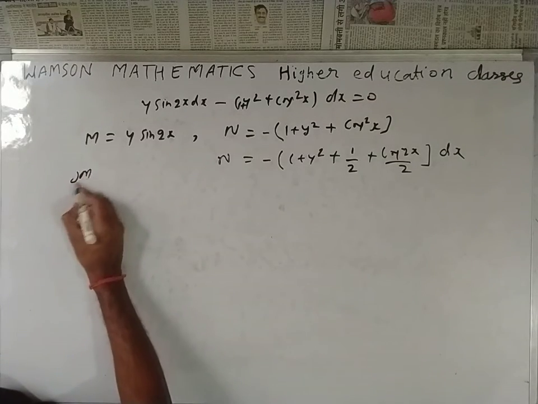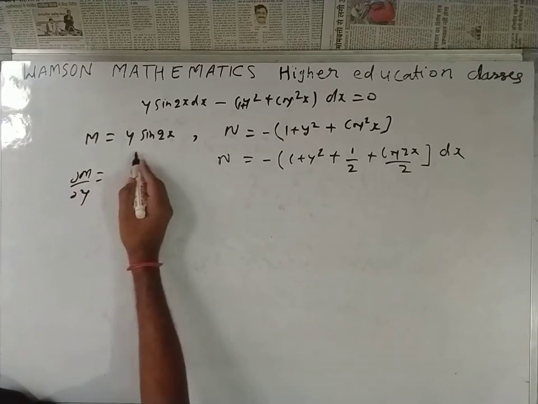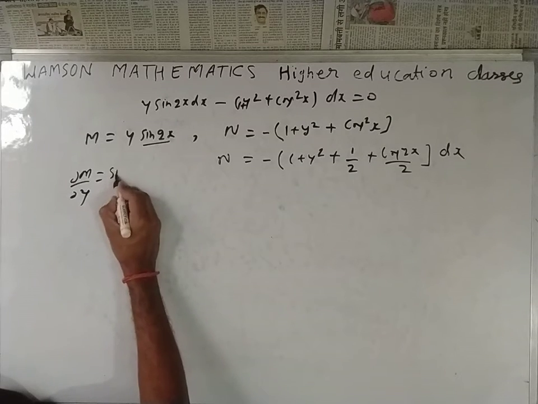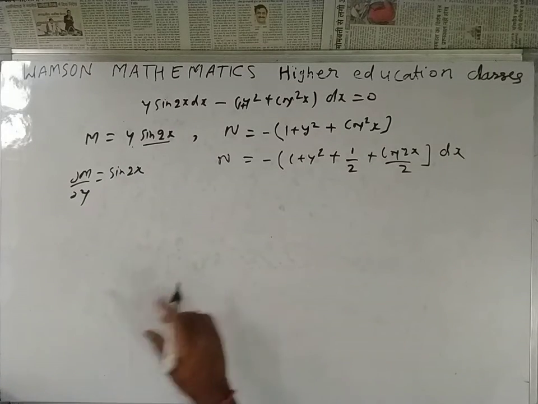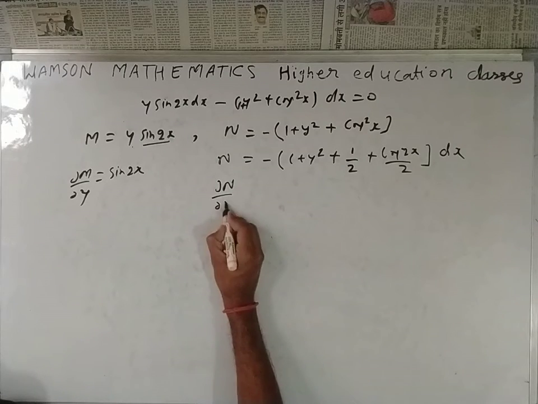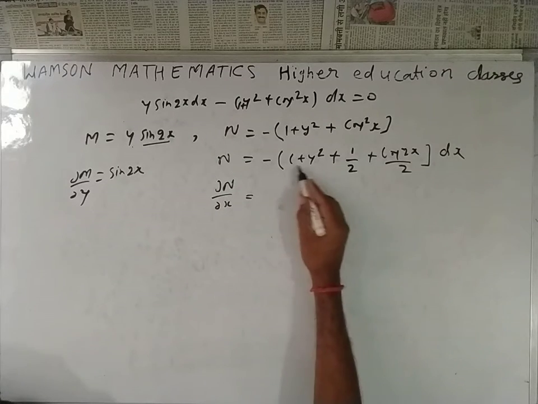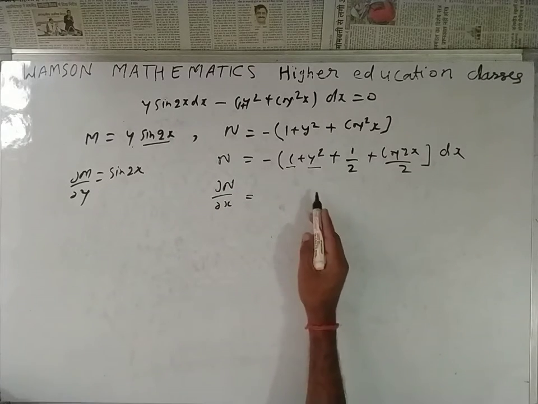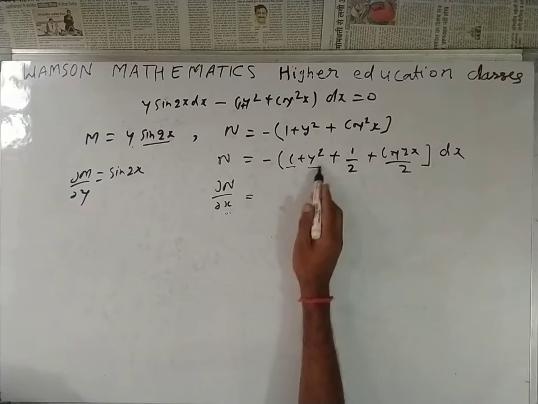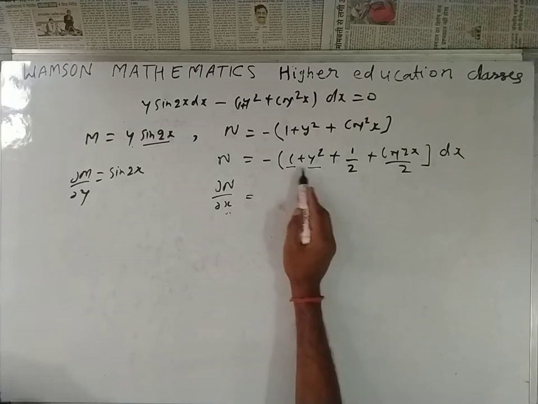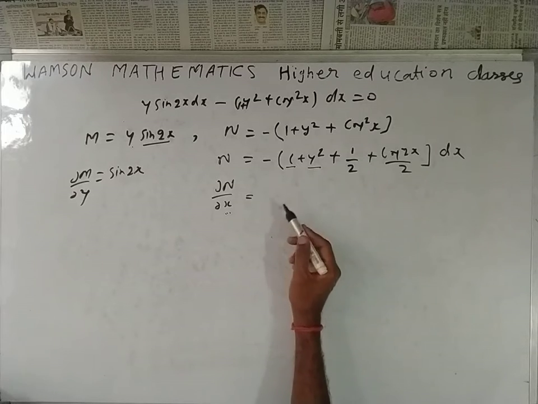Now ∂M/∂y: treat this as constant, so sin 2x, and the derivative of y is 1. Here ∂N/∂x: this is treated as constant, because our derivative is with respect to x, so these both terms are constant and their derivative is 0.